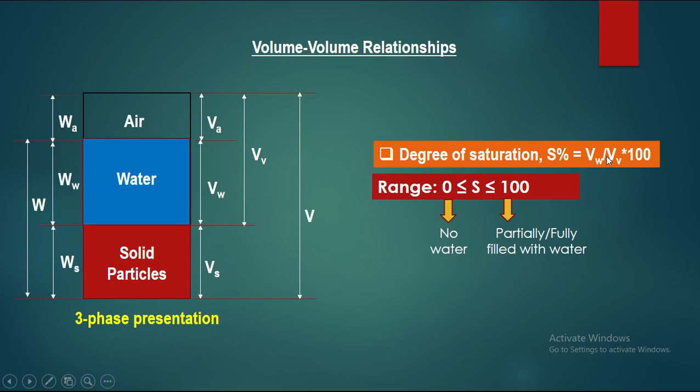So it is the amount of water present in the void space that is given by the degree of saturation. And the range: if there is no water, the value can be as low as 0, and if the void space is completely filled with water, the value can be 100. So it will vary between 0 and 100.